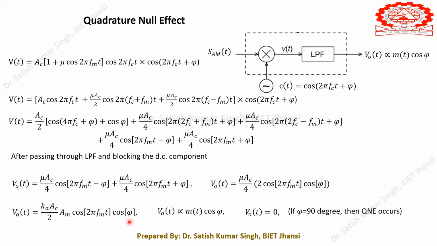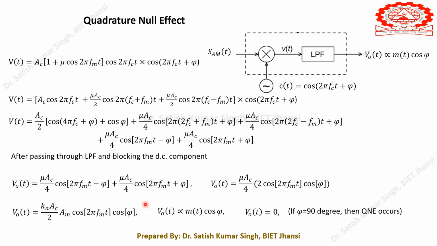If you compare with the last equation of our output, V output was directly proportional to m(t) in the previous case, but now that we have introduced a phase shift in the carrier signal, the output becomes proportional to m(t) cos phi.